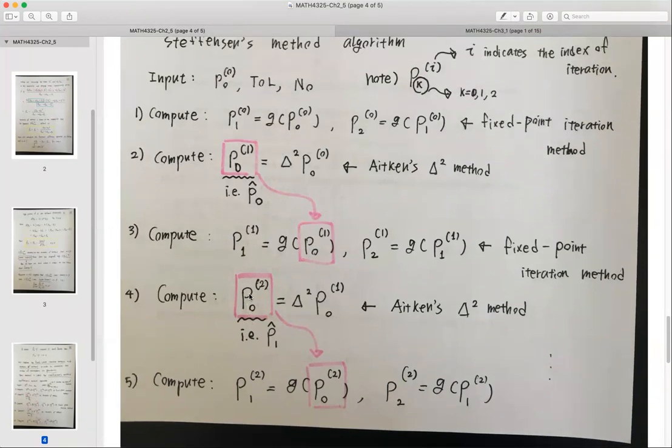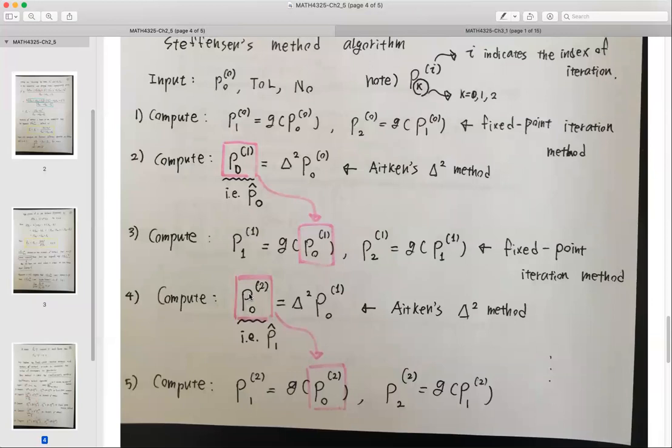So here is the main idea of the Steffensen method algorithm: we use the term in the sequence obtained by Aitken's delta square method to calculate P1 using the fixed point iteration method for each iteration.